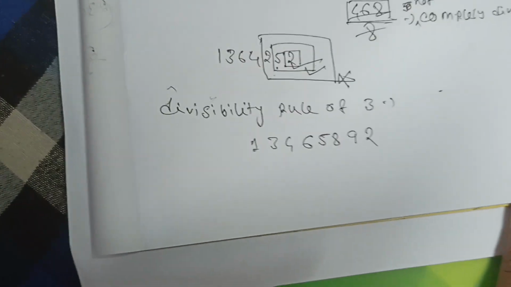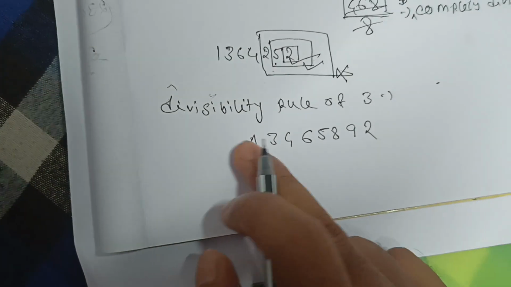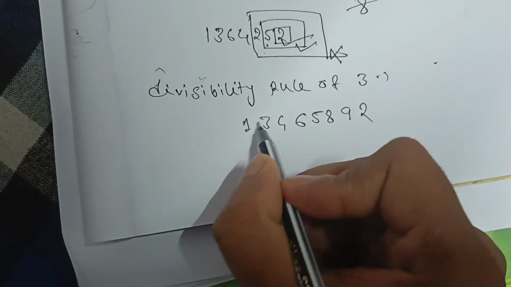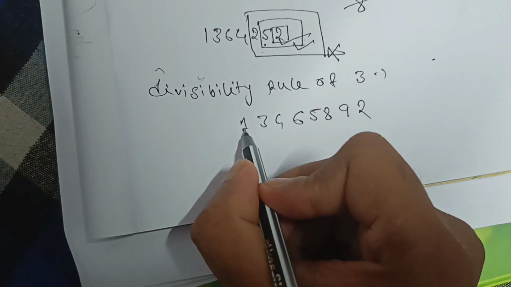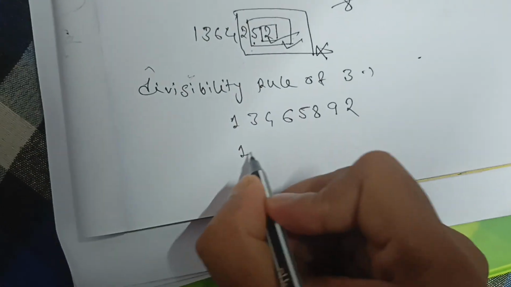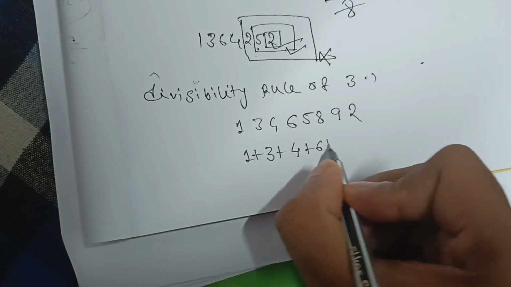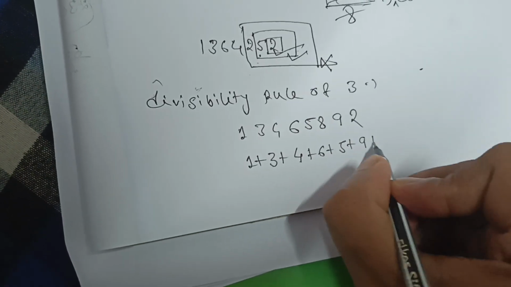I am taking a big number, so we have to check whether this number is divisible by 3 or not. So what should I do? Just add all the digits. We should add 1 plus 3 plus 4 plus 6 plus 5 plus 8 plus 9 plus 2.